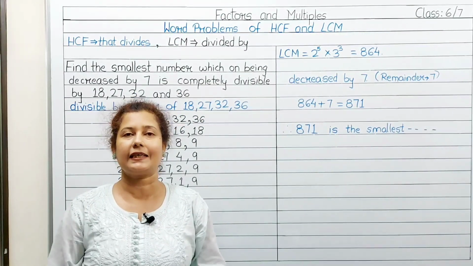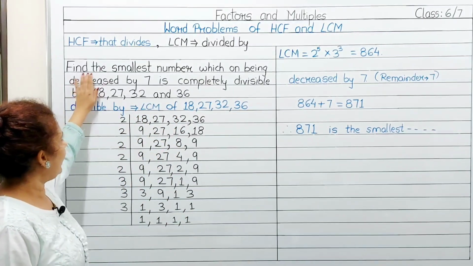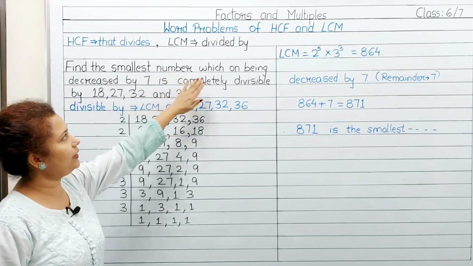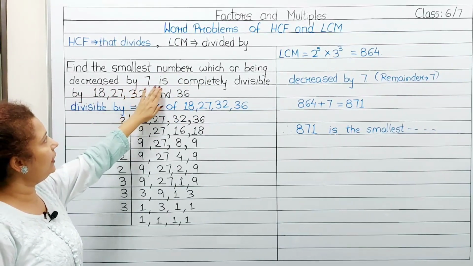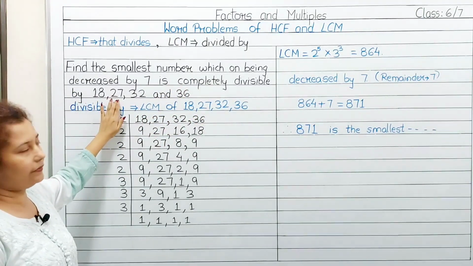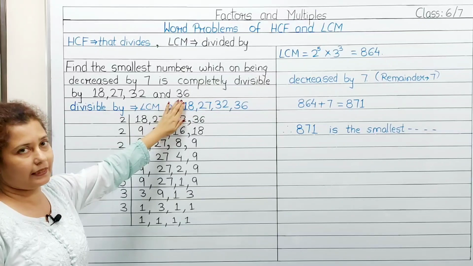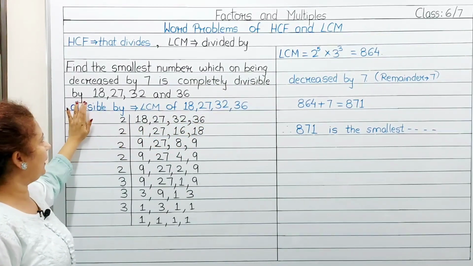One more sum which is again slightly different from the previous sums. Find the smallest number which on being decreased by 7 is completely divisible by 18, 27, 32 and 36. So here the key word is divisible by.